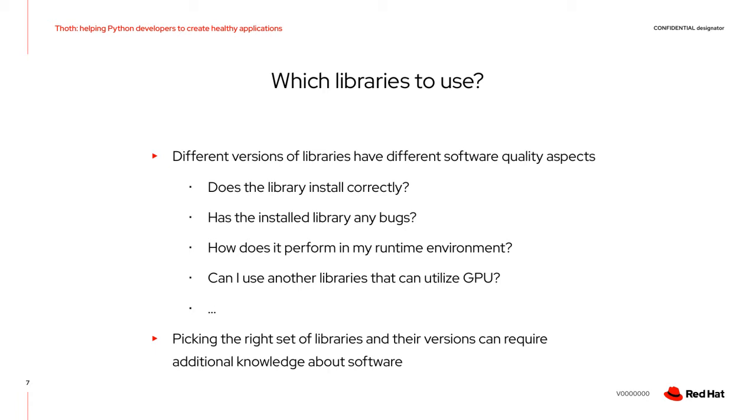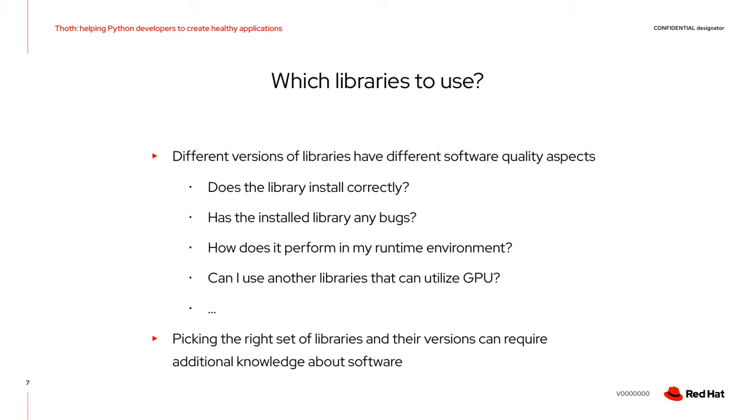So if we have computationally heavy applications, then the installed software should utilize our hardware correctly to get the most performant application possible. If we use some GPU, then these libraries should be configured and picked properly so that they can utilize the GPU.